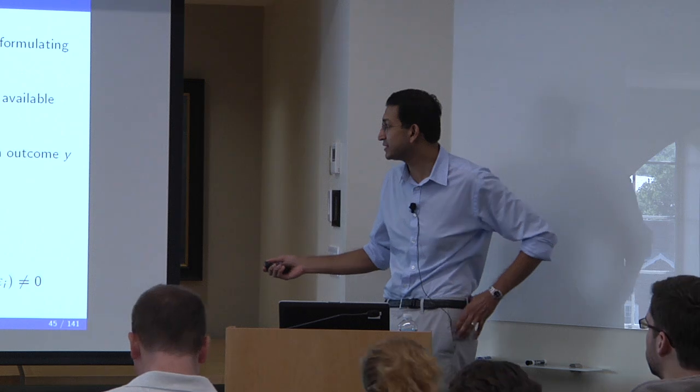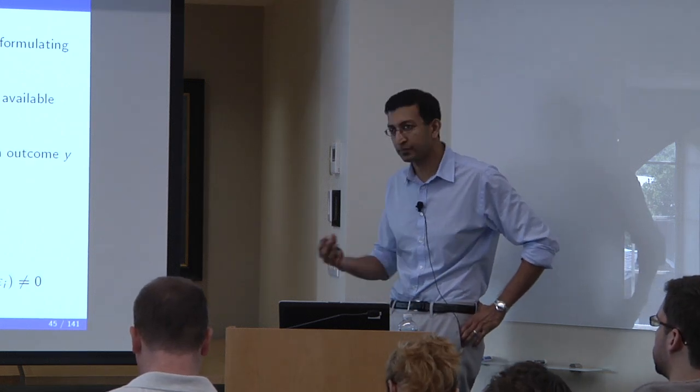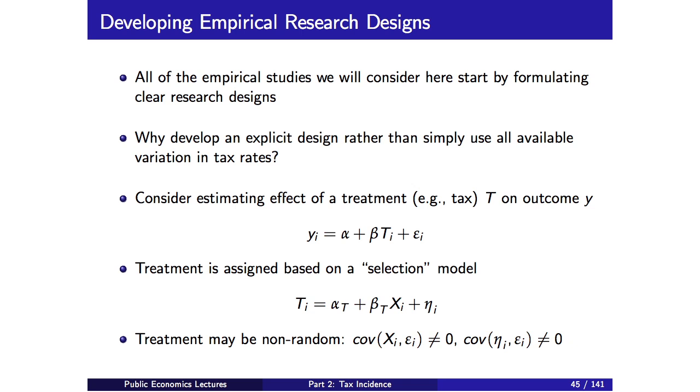So let's consider estimating the effect of a treatment, for example, a tax T on an outcome Y. Let's posit that the true model is some linear specification where Yi, the outcome for individual i, has an intercept alpha, and then there's a treatment effect beta, where if I give you this treatment Ti, it has an impact beta on the outcome, and then there's some error term. Now treatment in general is going to be assigned based on some model.